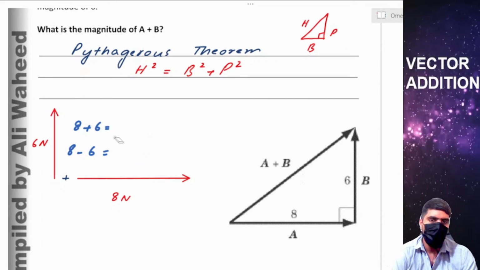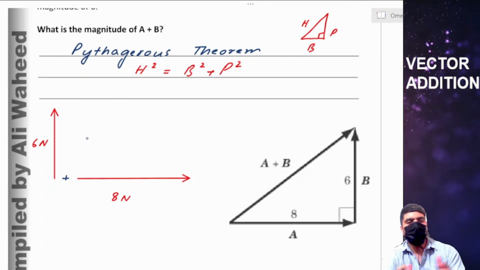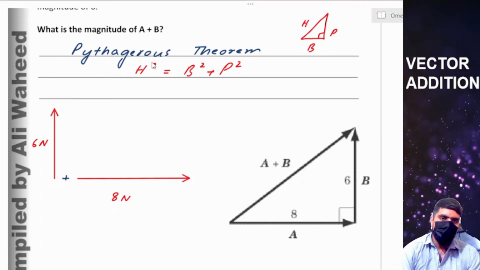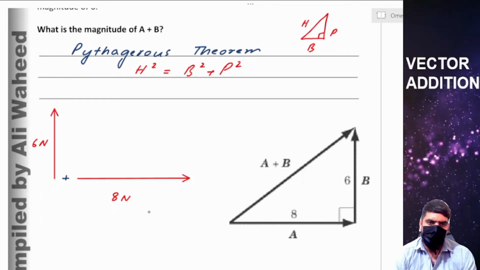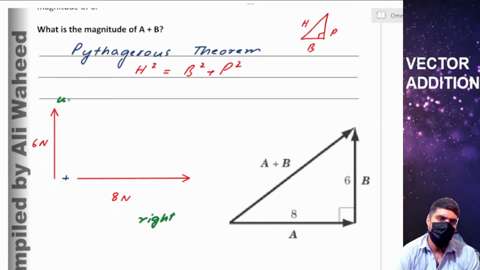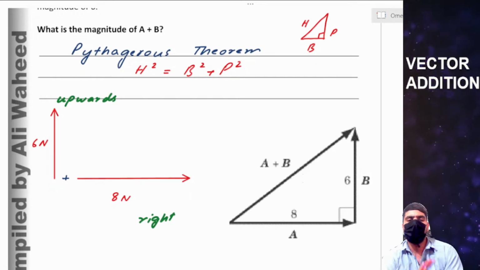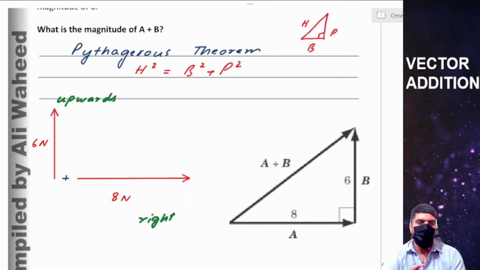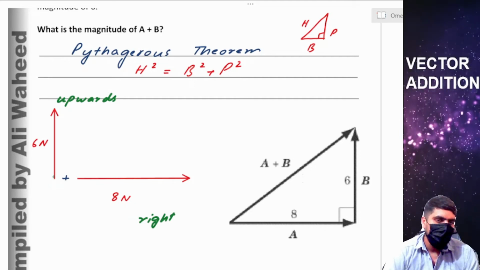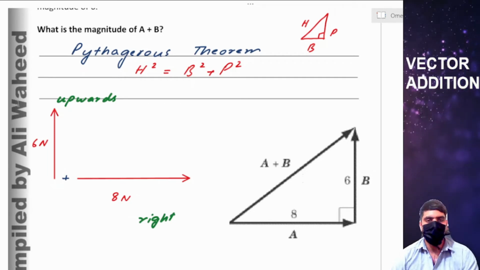So what you have to do is you can form a right angle triangle using these two vectors. Now since this vector is towards the right side and this vector is upwards, we can form a right angle triangle with it. So all you have to do is pick up the second vector and place it at the end of the first one.